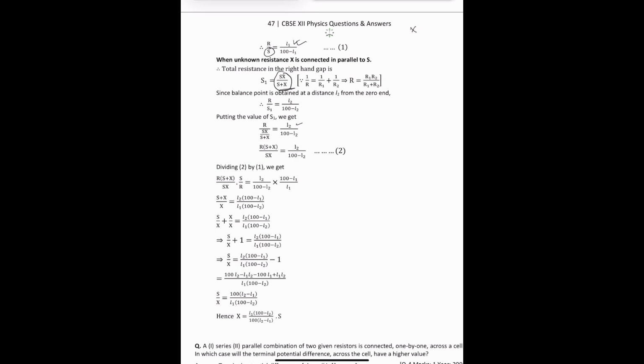Here we now have two equations, equation number 1 and equation number 2. Using these two equations, this is simply an arithmetic calculation, where you have two unknowns and you have to find the value of X. So by calculating these two, we find the value of X here.